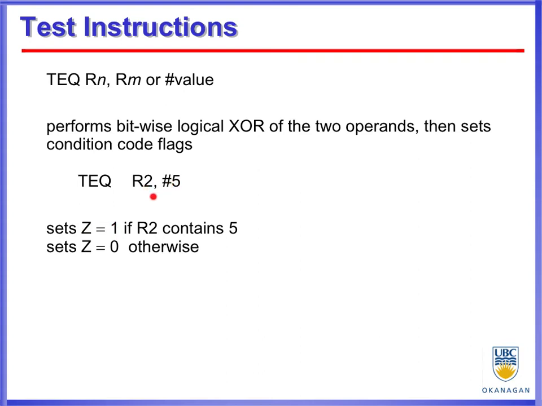If R2 does not have 5 in it, then the logical exclusive OR of something other than 5 with 5 will result in a non-zero value, which means the Z bit in the processor status register will be equal to 0. So now we just have to look at the Z bit and we'll know whether these two things are equal or not. None of these change the value of R2. Same thing here, R2's value will not be changed.